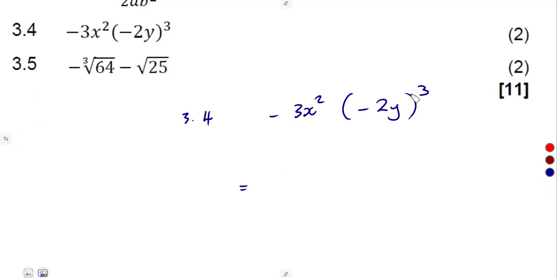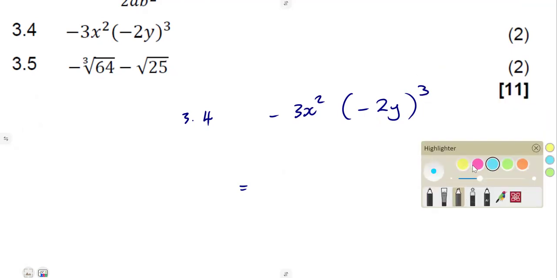With algebra, we do understand that when a number is raised to the exponent of 3, 2, or 4, the sign is supposed to be considered according to the exponent that you're given.